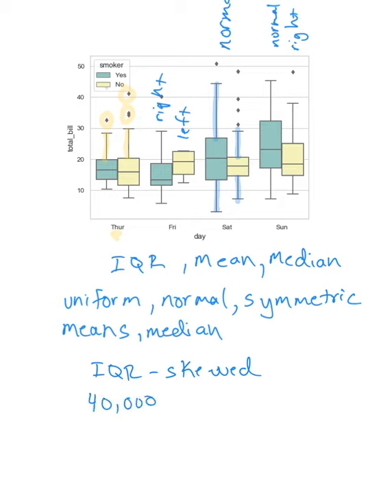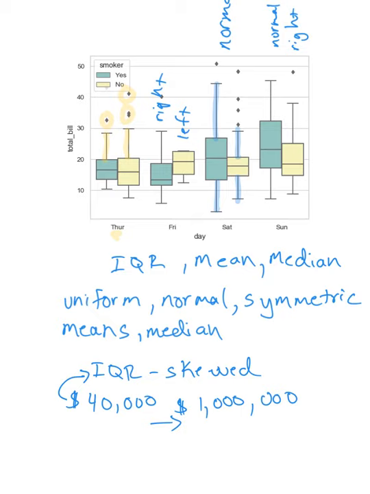However, you've got this one CEO that makes $1 million. This little outlier drastically changes the mean of everybody's salary, making everyone look like they make a whole lot more than they actually do.